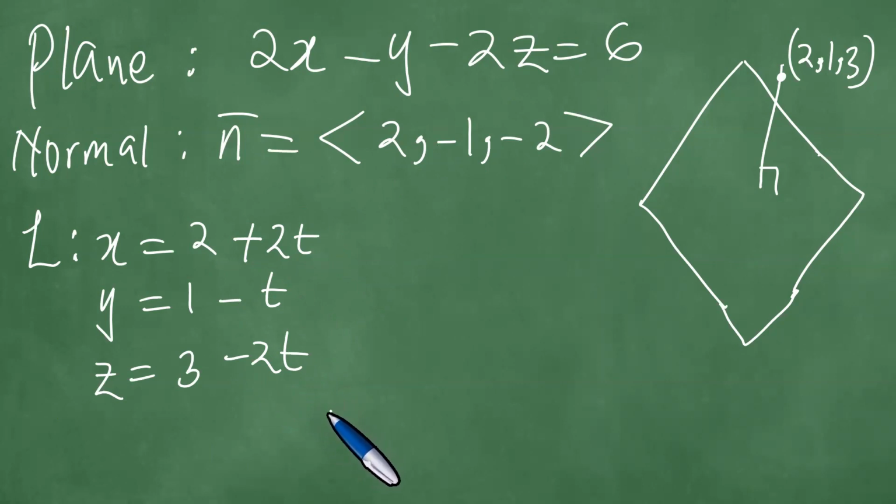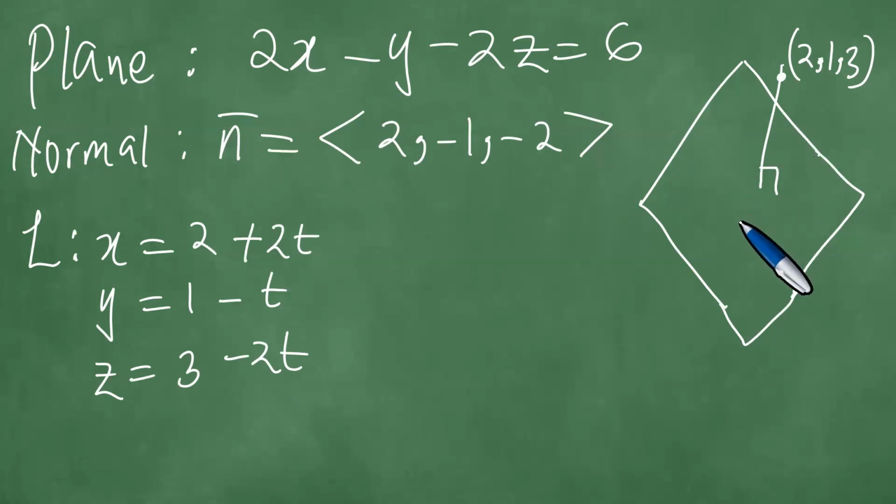And this t is a parameter in this case. So what then do we do here? Because we want to find the point, in other words, you have this line that passes through the point (2, 1, 3) and is perpendicular to this plane.